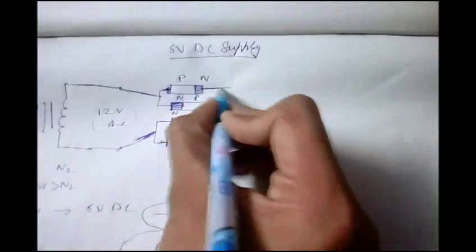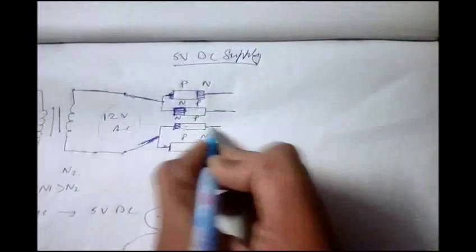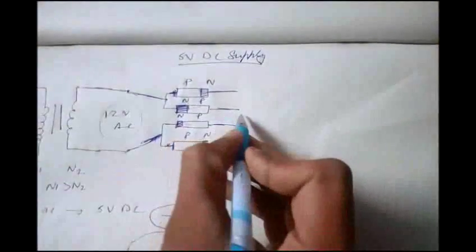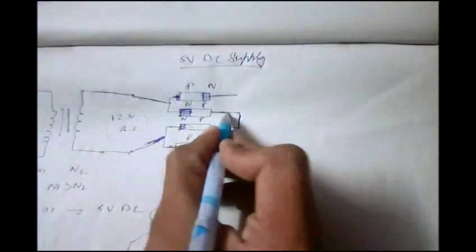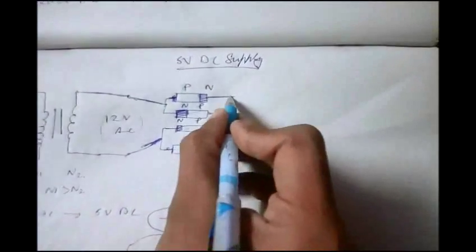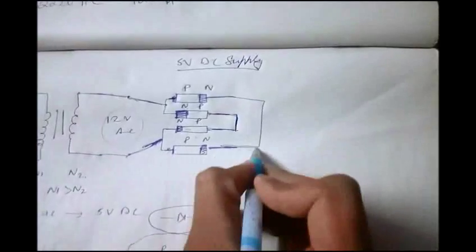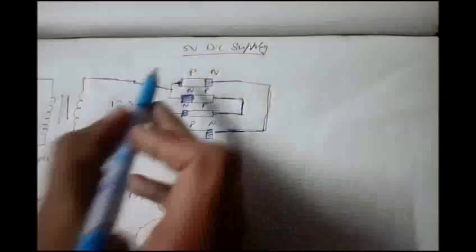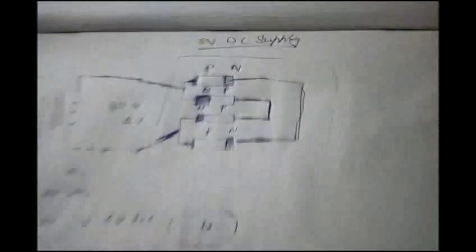Here are the connections, and this is the other end of the diodes. Over here you need to make the connections like this one. Solder this portion and this portion. Okay, this is the bridge rectifier, a small circuit of a bridge rectifier.